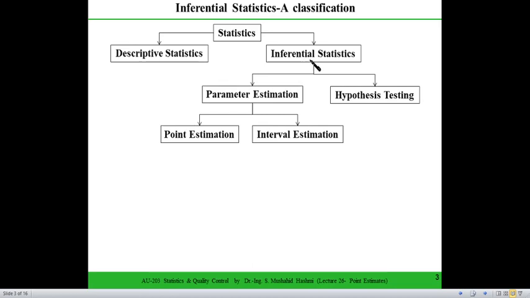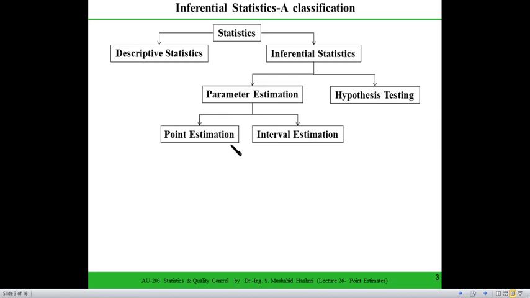So we will look into that. There are different types of tests and predictions associated with inferential statistics, in which we are required to make decisions and make predictions. One of them is called parameter estimation, and parameter estimation is further divided into two parts called point estimation and interval estimation.